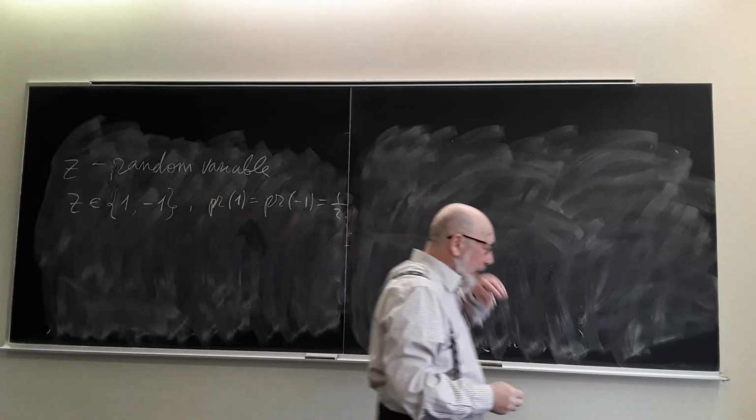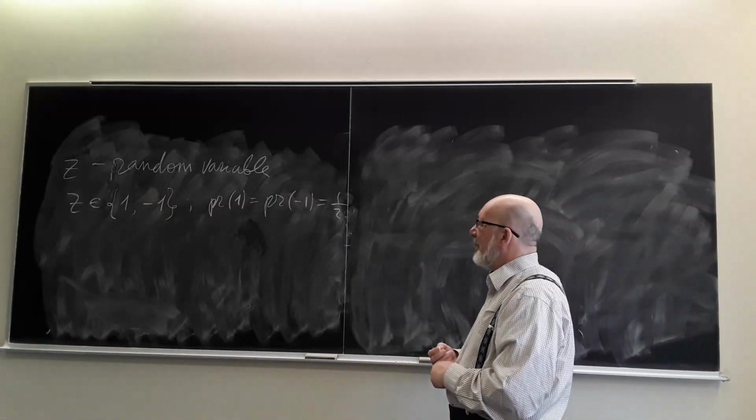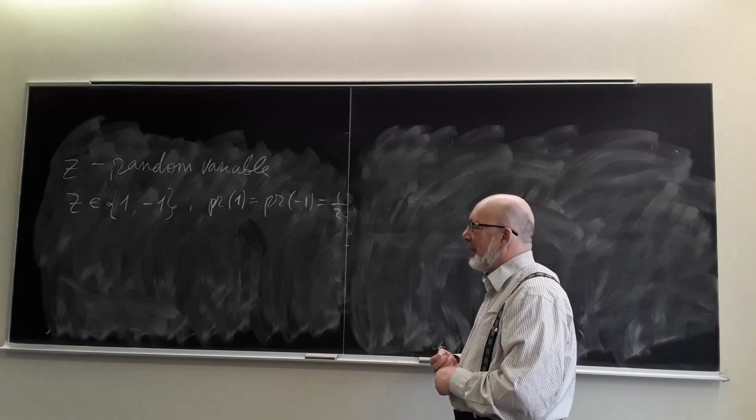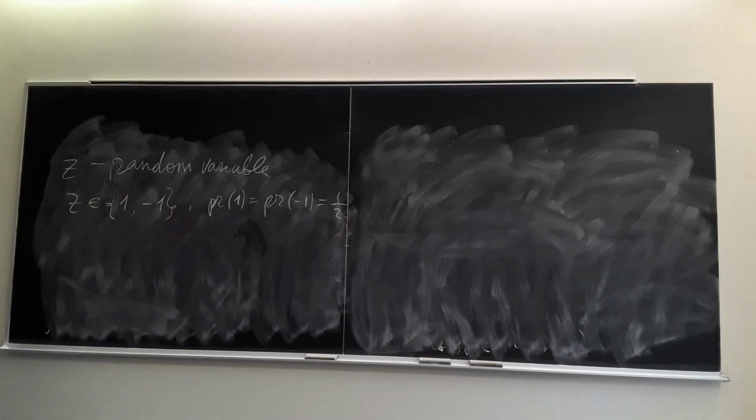And we have to stop thinking about what is the nature of this z. Now what I'm going to do today is to construct the Wiener measure, or the Brownian motion, or better to say the white noise.